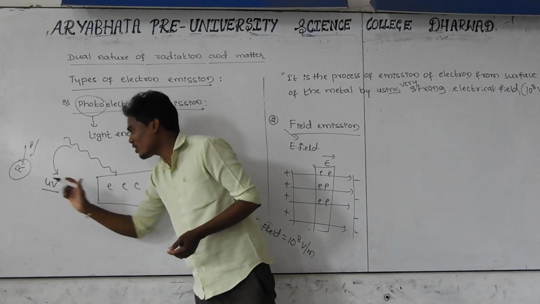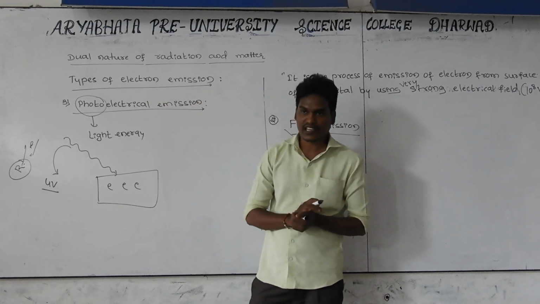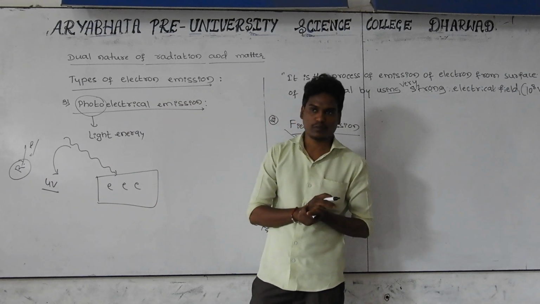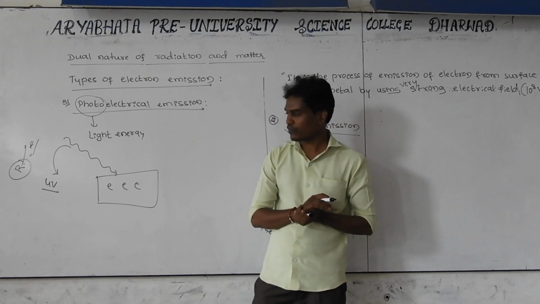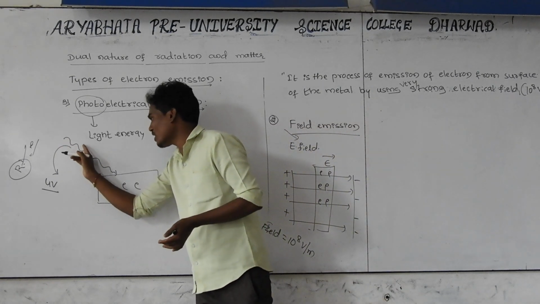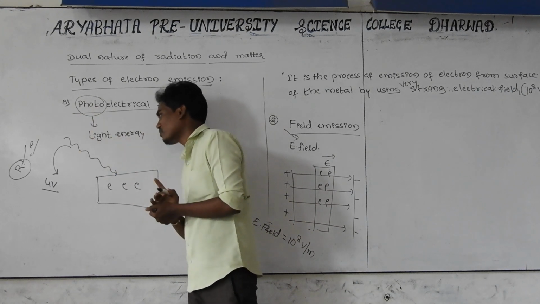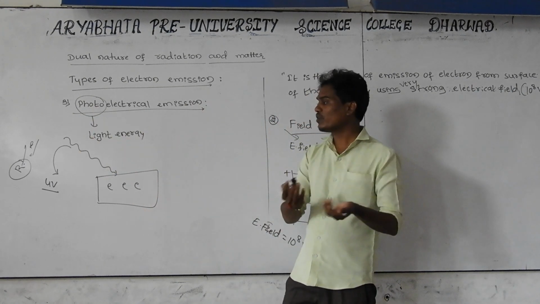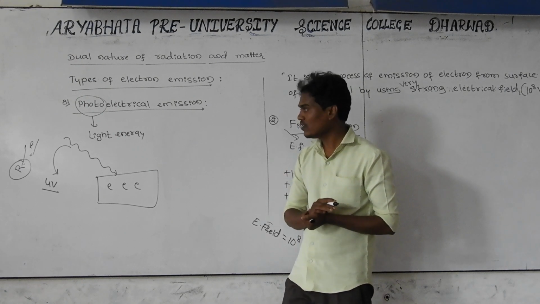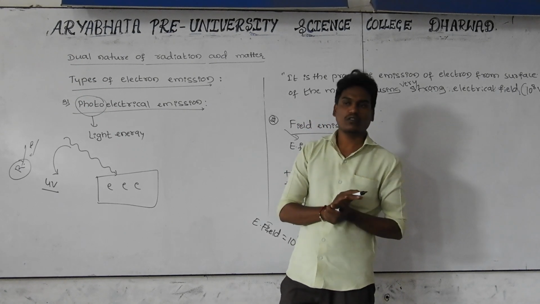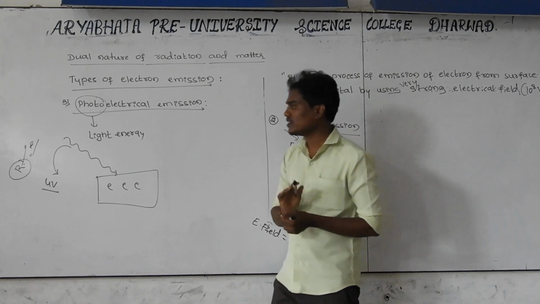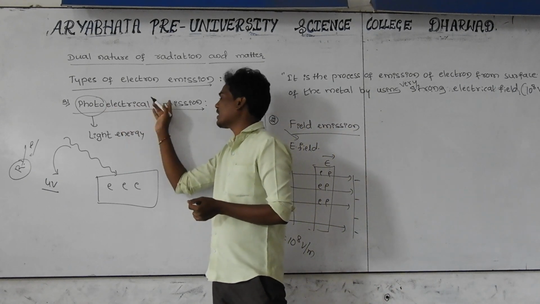Compared to red light, I am going to use UV light because it has more energy, because its frequency is more. Photo means light energy. By using light energy, we are going to emit the electron from the surface of the metal. This process is called photoelectrical emission.